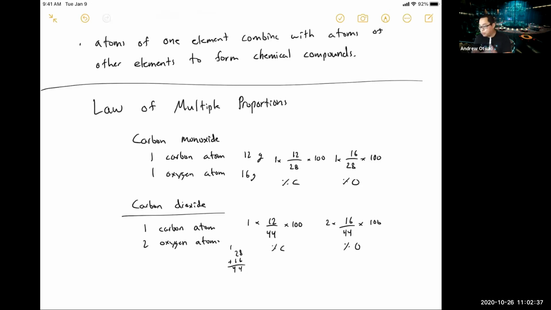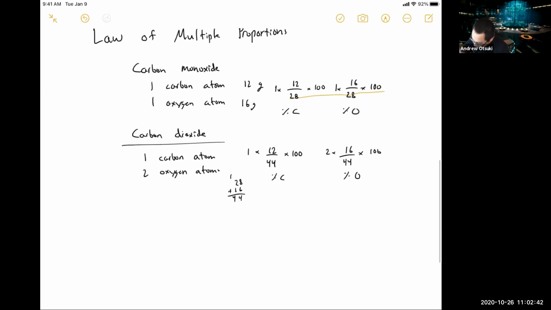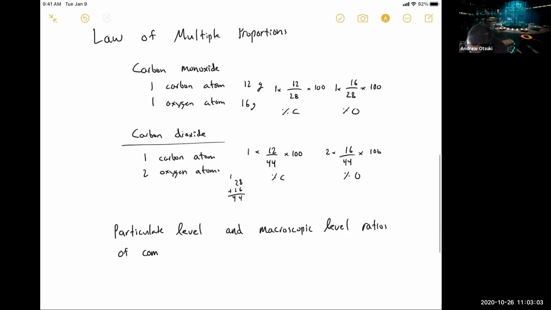So it's a simple ratio of whole numbers. And one thing to keep in mind here is that the particulate level and macroscopic level ratios of combining remain the same.